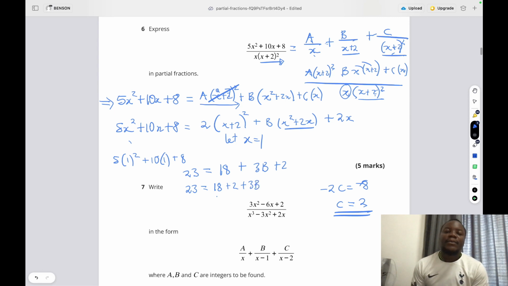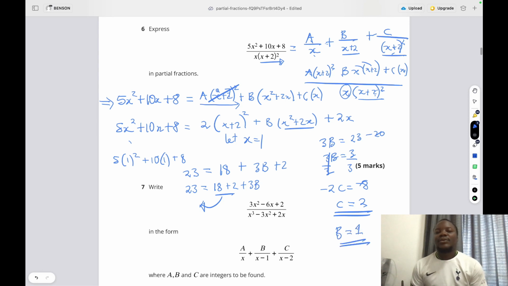We can solve this to give us 20, then transpose to give us 23 minus 20, which gives us 3b equals 3. We divide by 3 to find that our b is equal to 1.